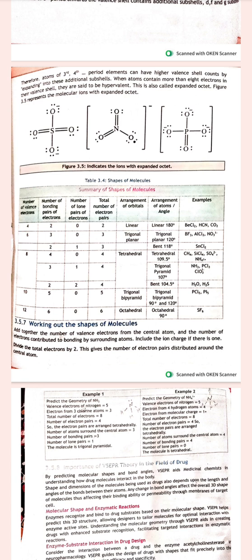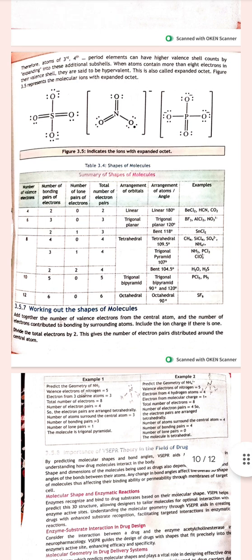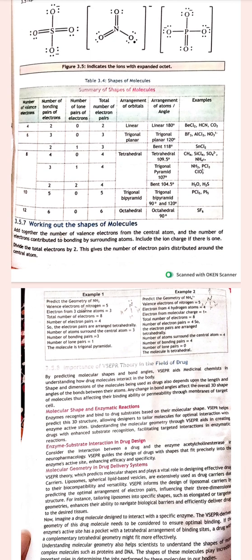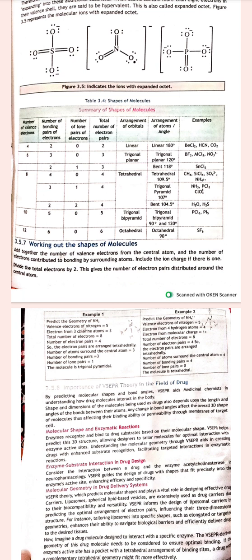When atoms contain more than 8 electrons in their valence shell, they are said to be hypervalent, and this is known as the expanded octet. Like we have the example of SO4, NO3, PO4, so they have the expanded octet.